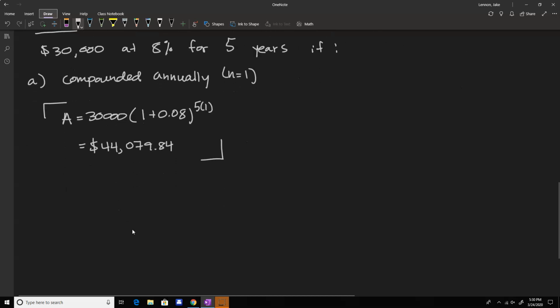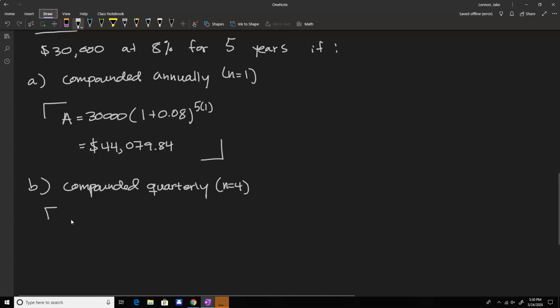Okay, let's go ahead and do another one where maybe it's compounded quarterly. If it is compounded quarterly, that means n is equal to 4.